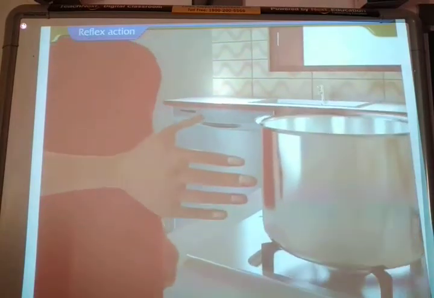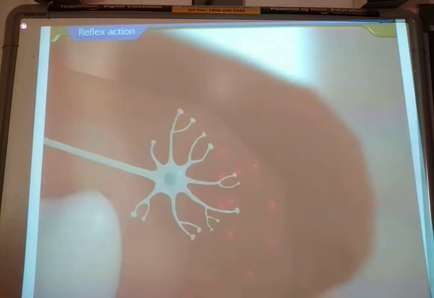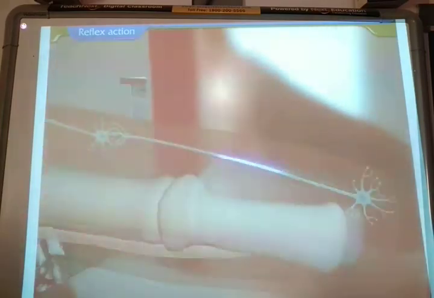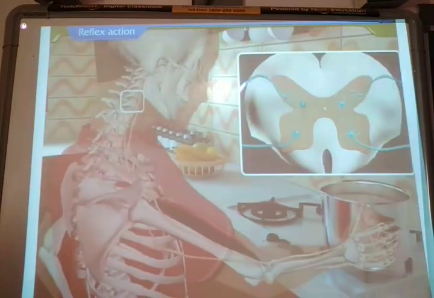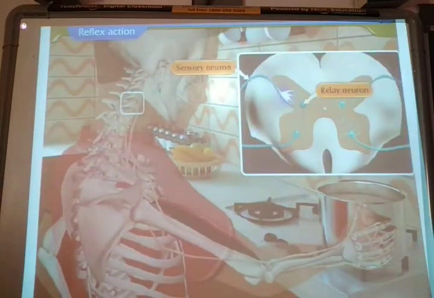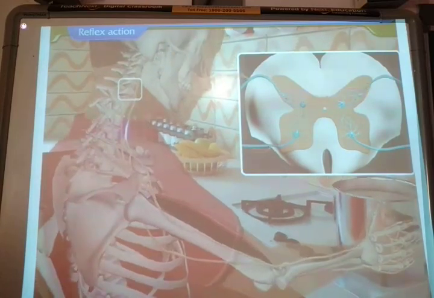In case of touching the hot object, the pathway for the conduction of impulses of heat is sensed by the thermoreceptors of the skin. This triggers the impulse to sensory neurons from where message is transmitted to spinal cord. Impulse is further passed on to relay neuron, which in turn passes it to motor neuron. The motor neuron passes the impulse to the muscle cells in our arm.